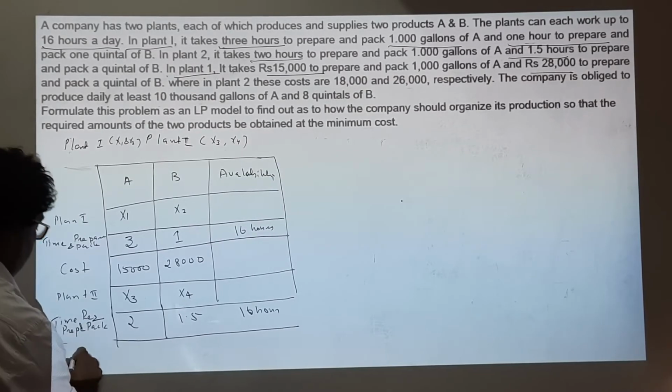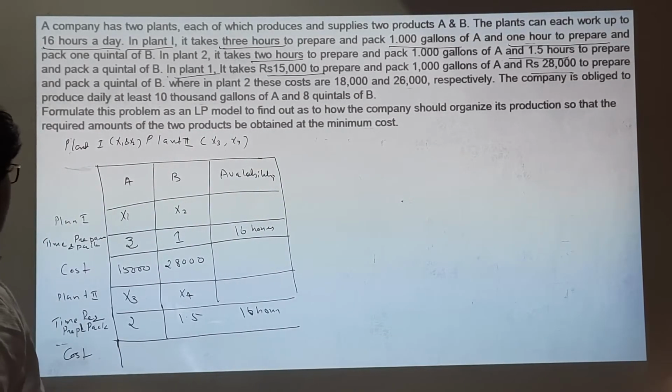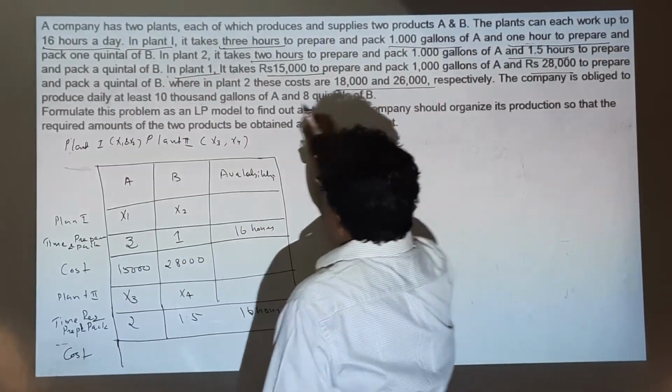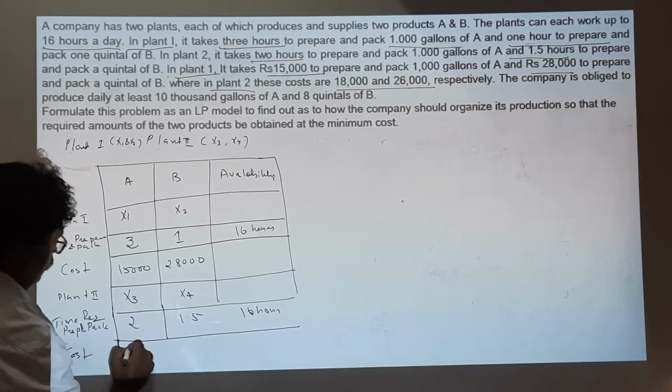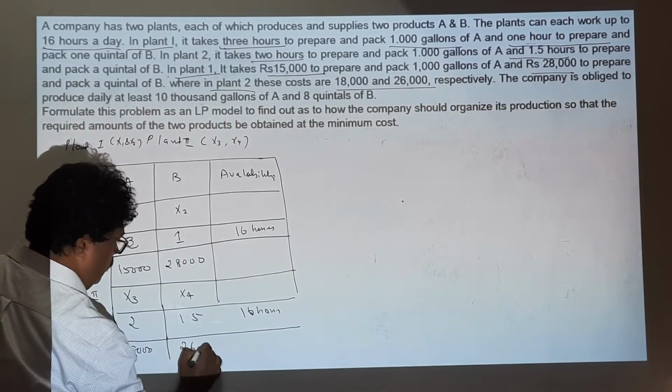Next is cost. Cost from plant 2 is 18,000 and 26,000.